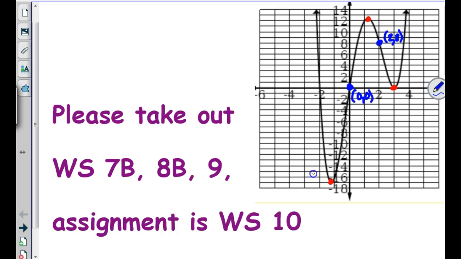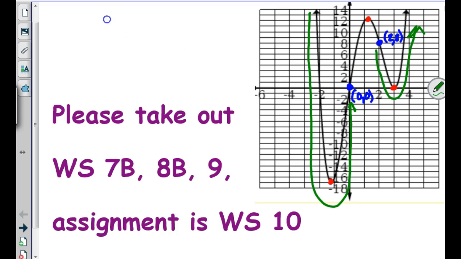Okay. So concave up is which section? This is happy, right? And this section is also concave up.